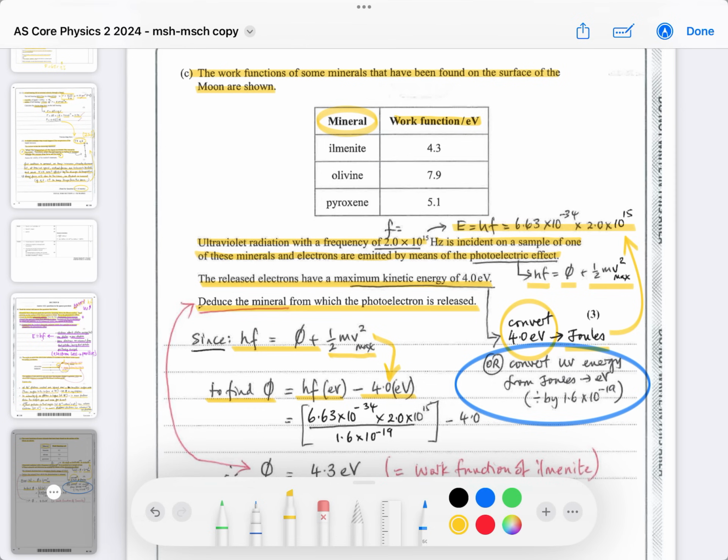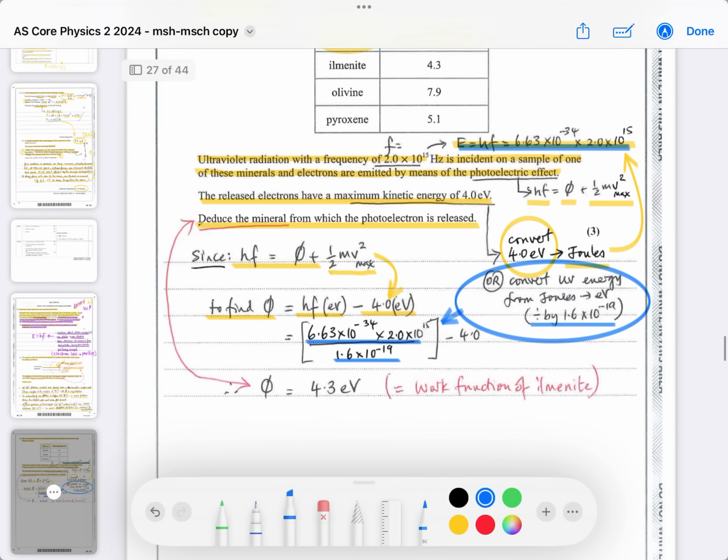And we want to find phi, so we made phi the subject of the equation. So I have done the blue method, not the yellow method now. I'm changing the photon energy, which was given above, by dividing it by 1.6 times 10 to the minus 19, which is the electron charge, and that's how you change joules into electron volts.